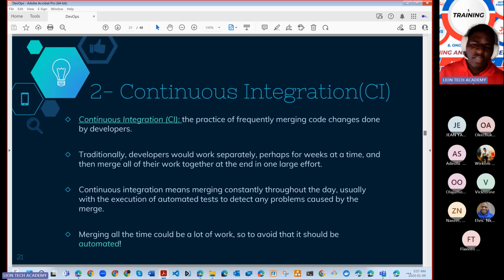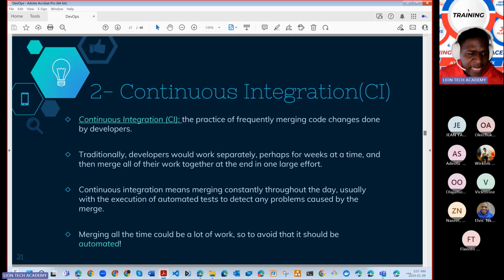Traditionally, developers work separately, perhaps for weeks at a time, and then merge all of their work together at the end in one large effort. But continuous integration means merging constantly throughout the day, usually with the execution of automated tests to detect any problems caused by the merge.